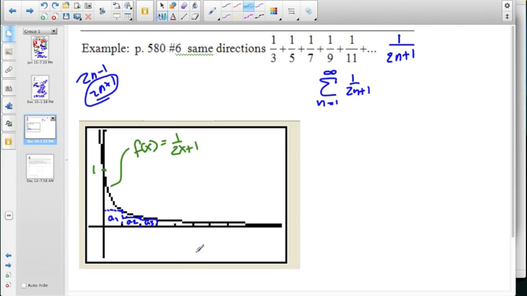So we're going to integrate that function, and we're going to make a determination of the area underneath that curve here. So we're going to integrate 1 over 2x plus 1 dx from 1 to infinity. Improper integral, so really what we're doing is we're saying take the limit as b goes to infinity, and we're going to integrate from 1 to b.